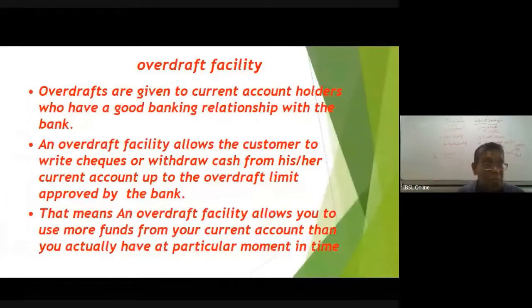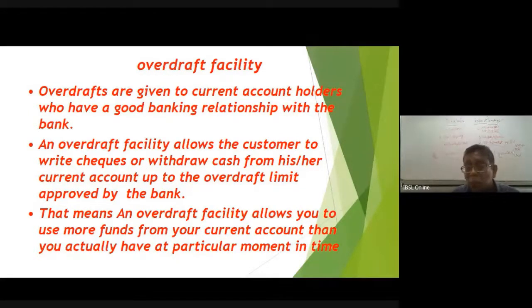The first point is that overdraft facilities are given to current account holders who have a good banking relationship. Just because you have a current account, it's not necessary to give you an overdraft facility. That depends on the good banking relationship. Sometimes the overdraft facility can be withdrawn by the bank if you do not have a good relationship.